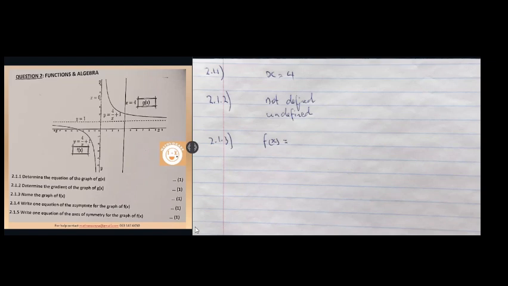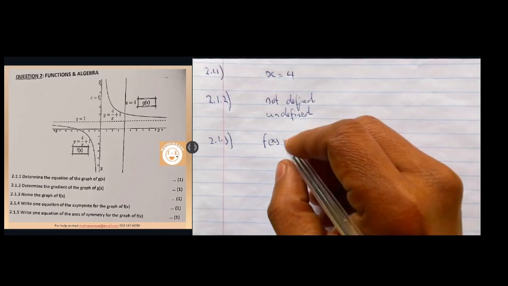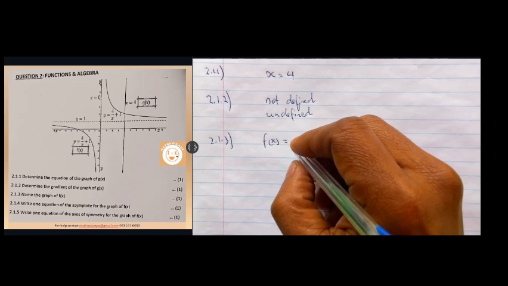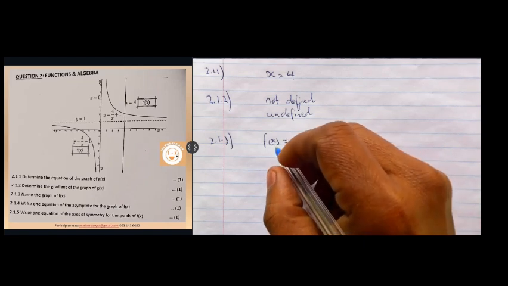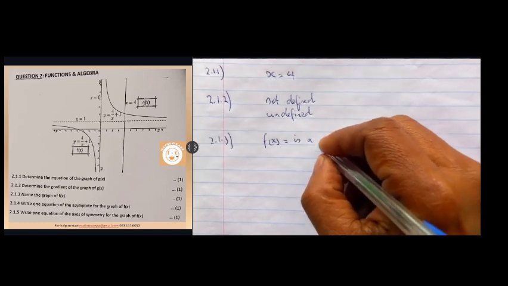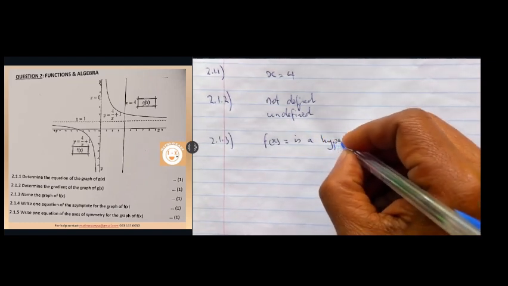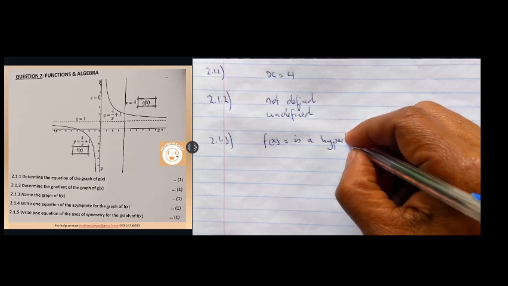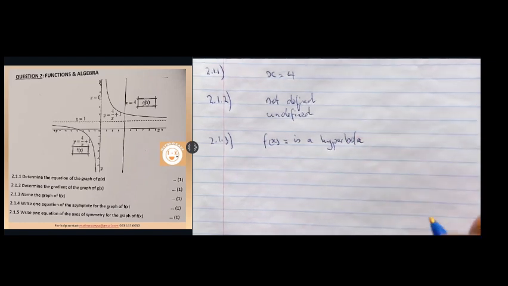Okay. Right. Let me just answer the question. I think this is what you need to state. You can say f of x is a hyperbola. Okay. Hyperbola, all right, hyperbola. Yeah, I'll get back to the technicalities there.